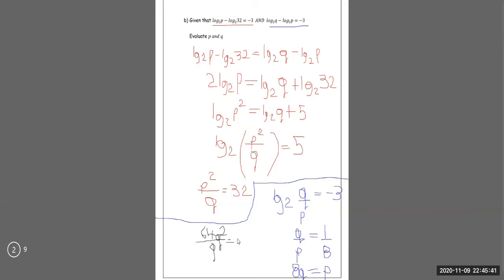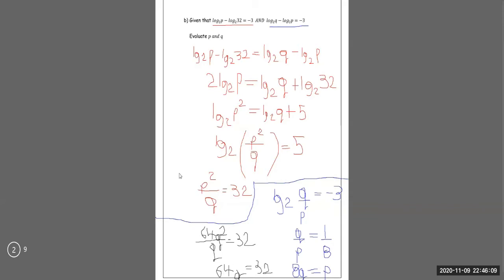Yes, sir. Now that is telling us that 64q is 32, right? Yes, sir. So if 64q is 32, what is q? q is 32 divided by 64, which is a half.